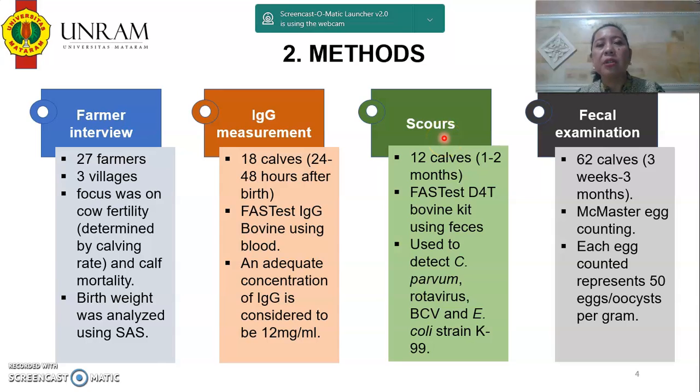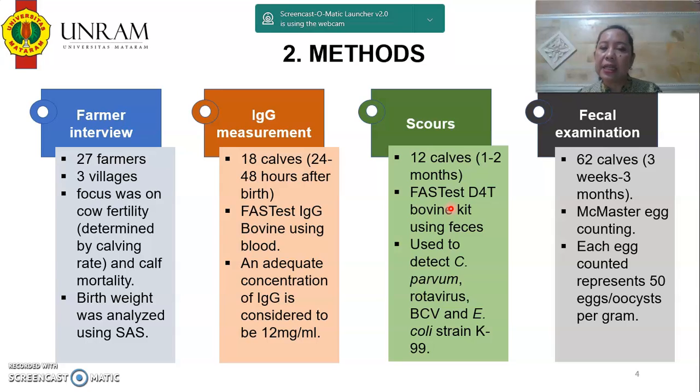For scours analysis, we use 12 samples of calves aged 1 to 2 months. Fecal samples were collected per rectum and then tested using the Fast Test D4T bovine kit.